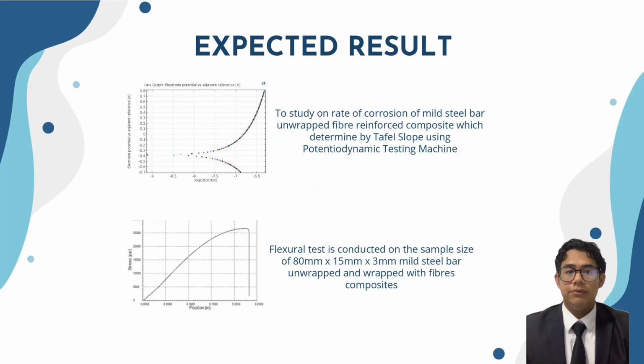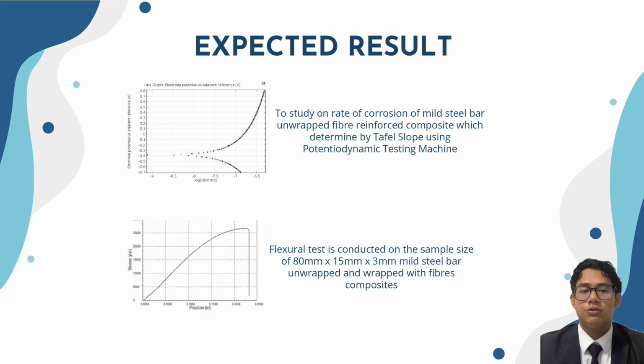Okay, for the expected result, the first picture shows the Tafel slope, which is produced by using the potentiodynamic test. It is used to determine the rate of corrosion of the steel bar that is unwrapped with the fiber composite.